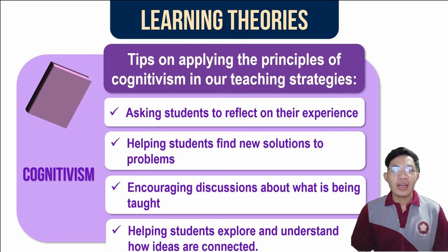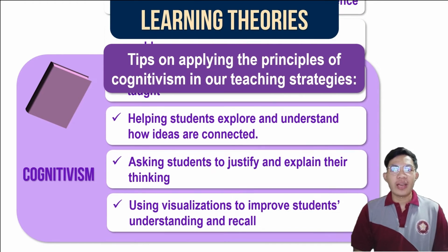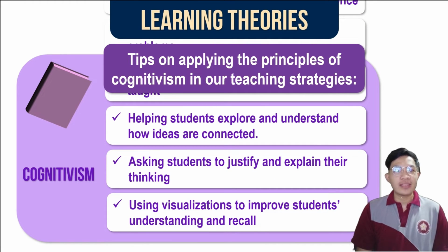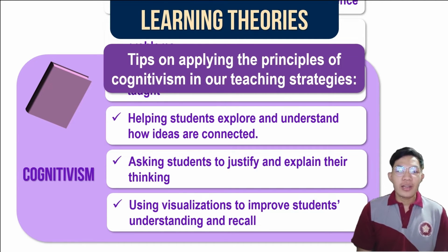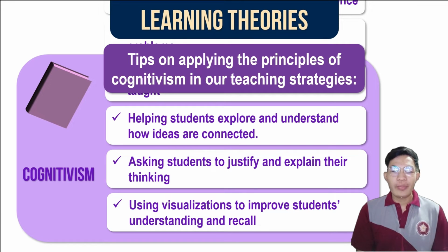The fourth one, helping students explore and understand how ideas are connected. Number 5, asking students to justify and explain their thinking. And lastly, number 6, using visualizations to improve students' understanding and recall. So that would be all for the cognitivism learning theory.